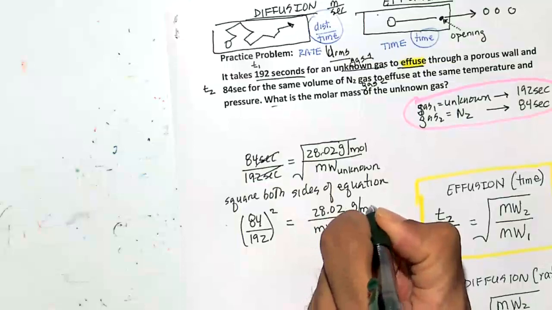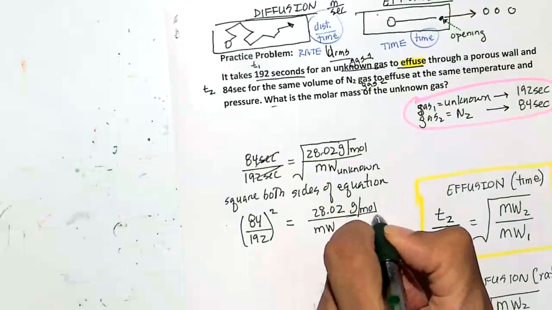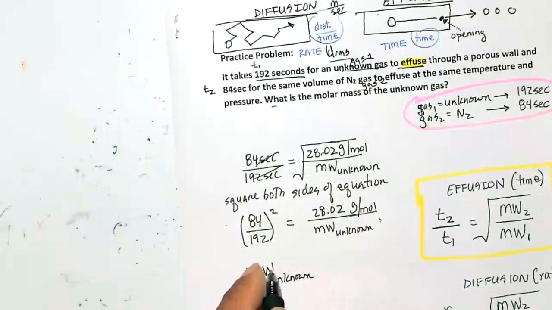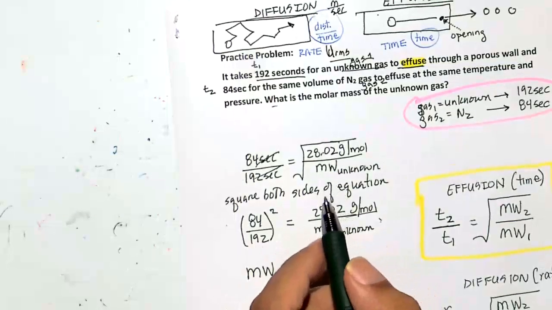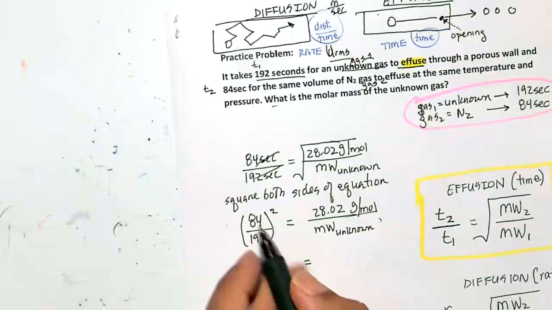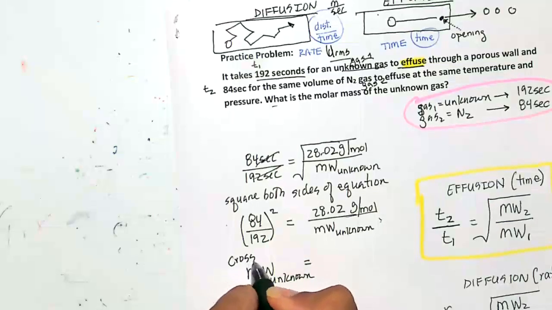This is still grams per mole, by the way, and this is also grams per mole. All right, so the molecular weight of the unknown is going to equal, I'm going to cross multiply.